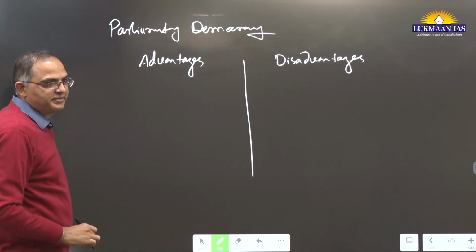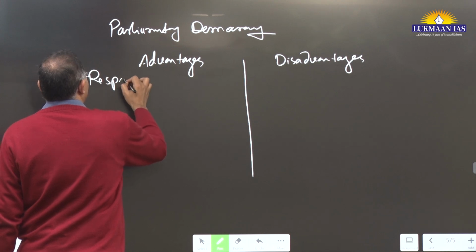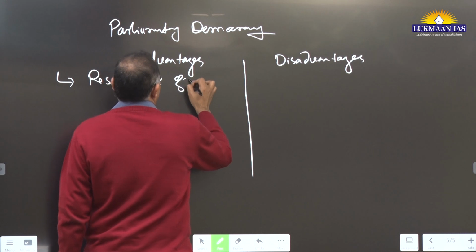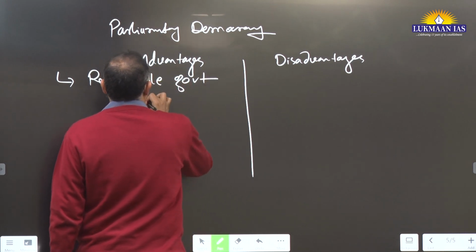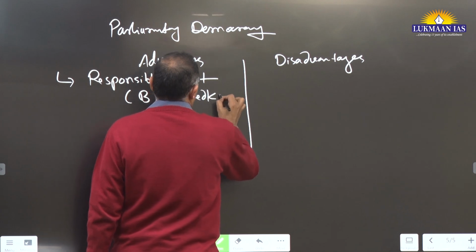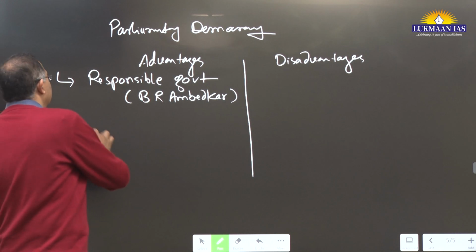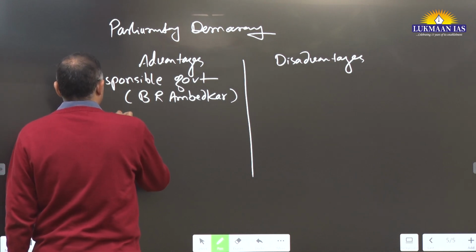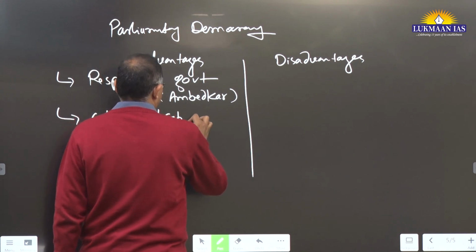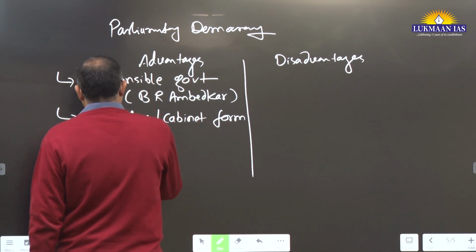The first point is that it is called responsible government. Then we say it is collective cabinet, also we say cabinet form of government.